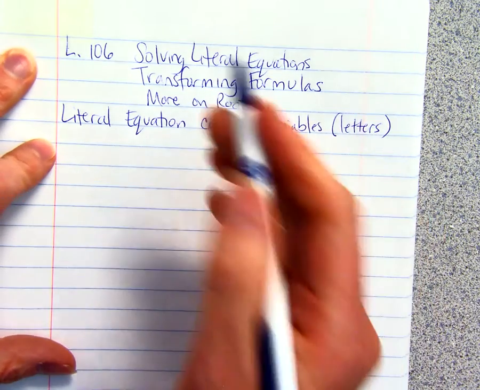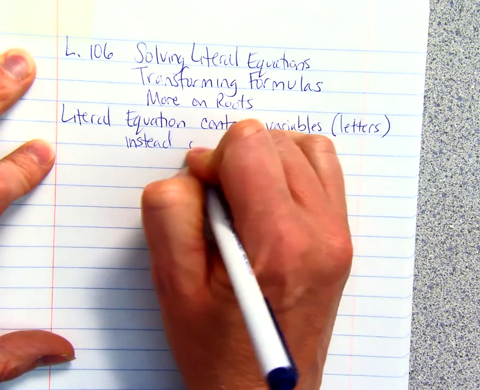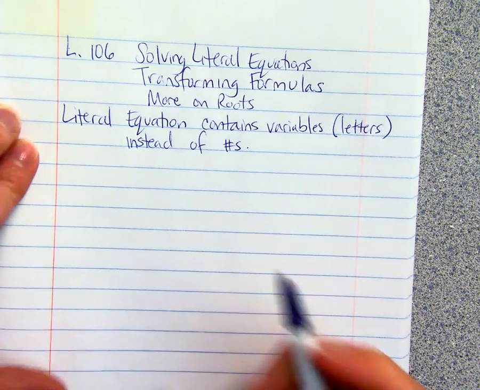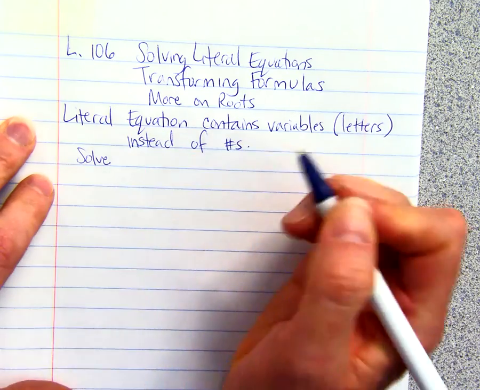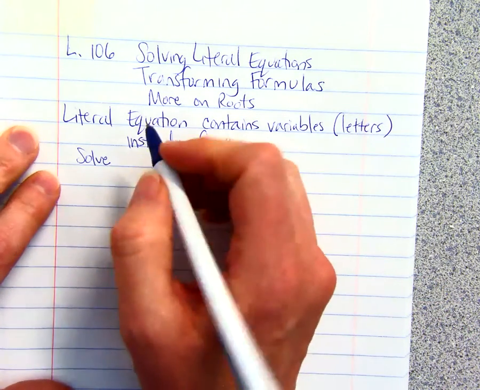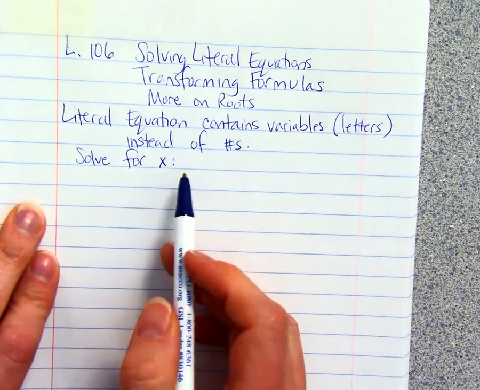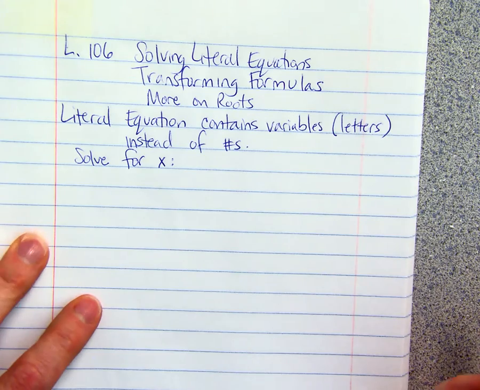So they contain variables instead of numbers. Here's an example of solving a literal equation. You have to be told what variable you're solving for because all the other parts of the equation are variables.